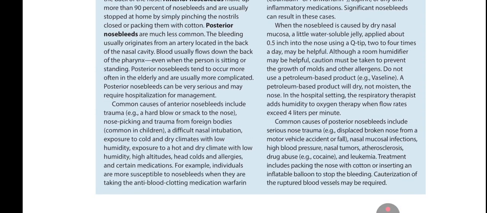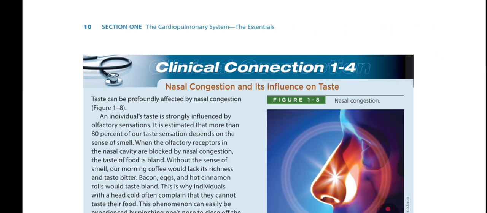Okay, so posterior nosebleeds can happen from serious nose trauma, extreme physical accidents, nasal-mucosal infection, high blood pressure, nasal tumors, atherosclerosis, drug abuse and leukemia.